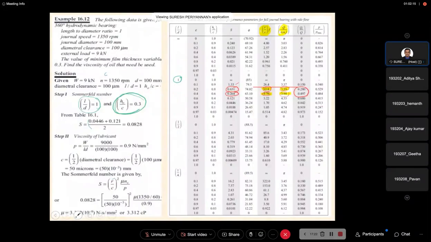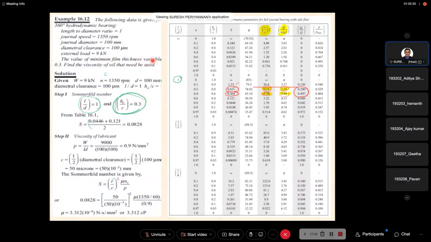But in problem 16.12, we didn't use any interpolation technique, because we already know the L by D ratio is 1, but the h0 by c ratio is 0.3.